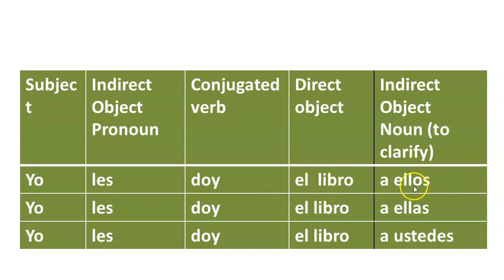And this could be a group of males or a mixed group of males and females. Yo les doy el libro a ellas means I give the book to them, meaning a group of females only. Yo les doy el libro a ustedes will mean I give the book to you, and the you would be more than one person that's addressed. So this is the only way to clarify what the les means. And it does sound redundant in English, but in Spanish it's quite normal.